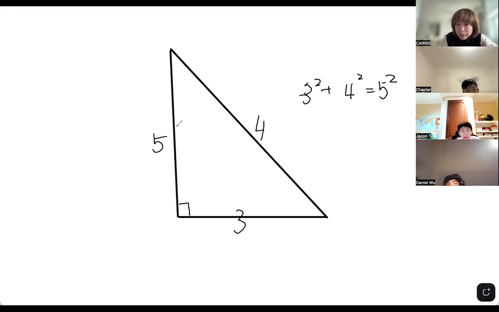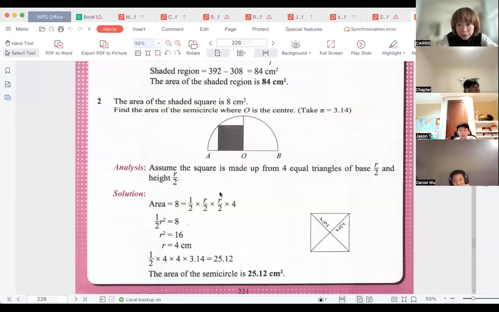The square of the longest side equals the sum of the squares of the shorter sides. Understand? So if you understand this, we go back to the question here. If I draw a line here and connect them, basically I can calculate it by this theorem, right?